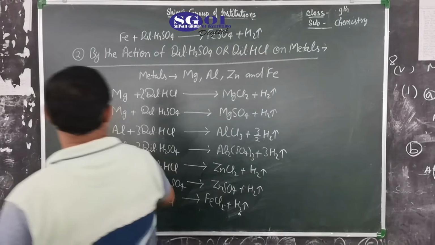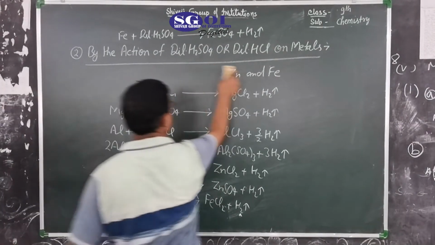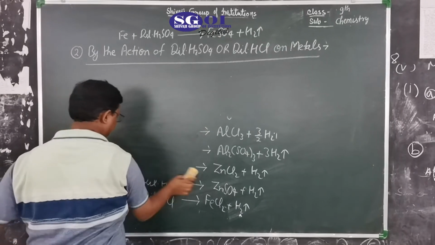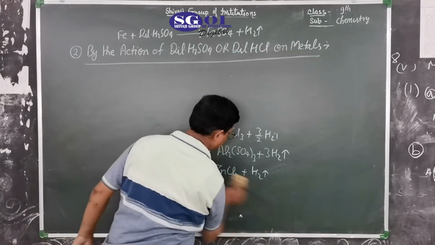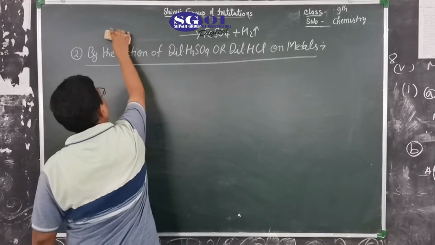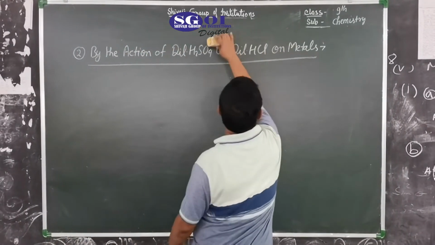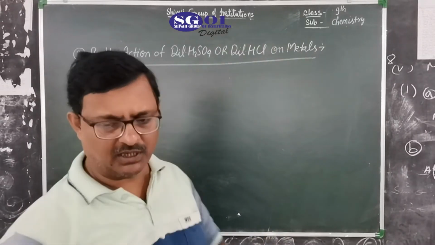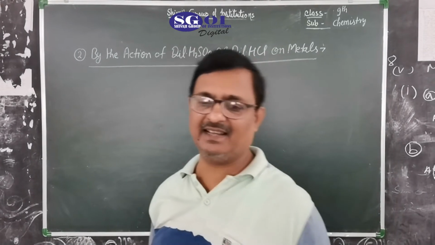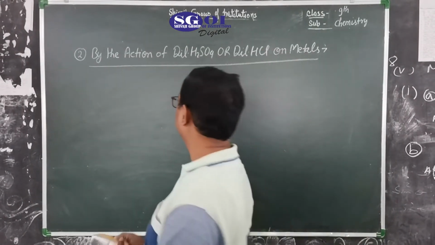Next reaction is the action of caustic alkali on metal.